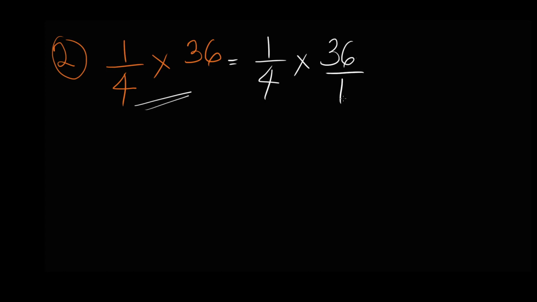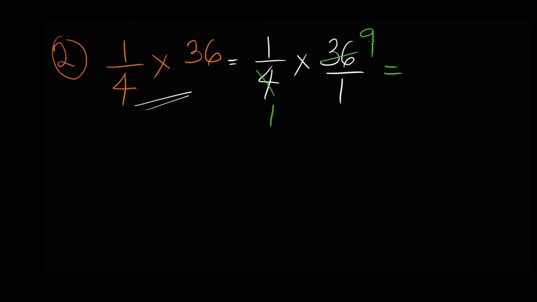So right now, I can go ahead to divide 4 and 36. They have a common factor of 4. So 4 in 4 is 1. 4 in 36 is 9. And if you take a look at this, you will realize that nothing can divide anymore.